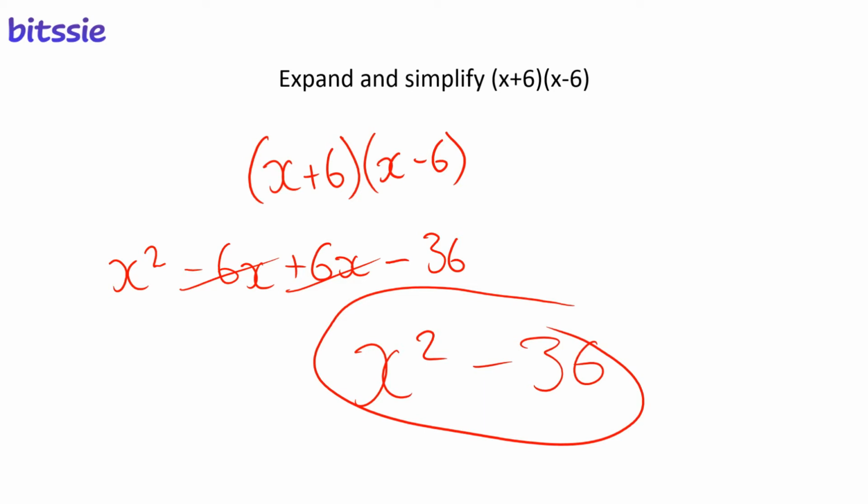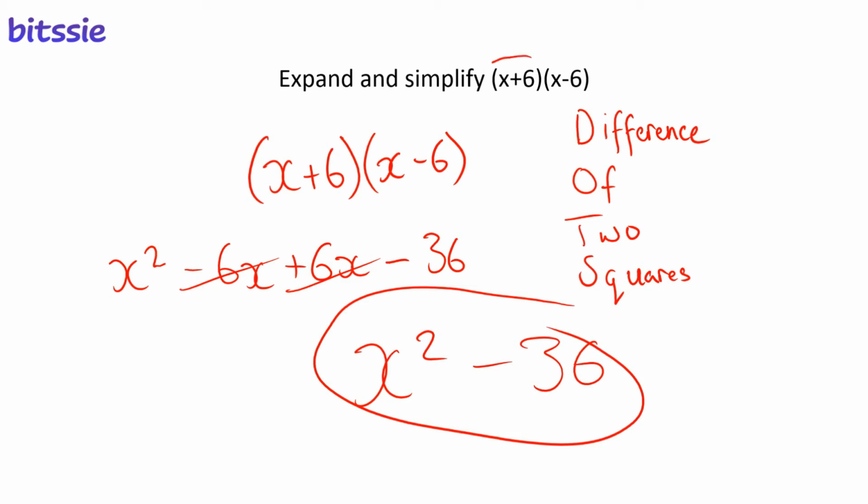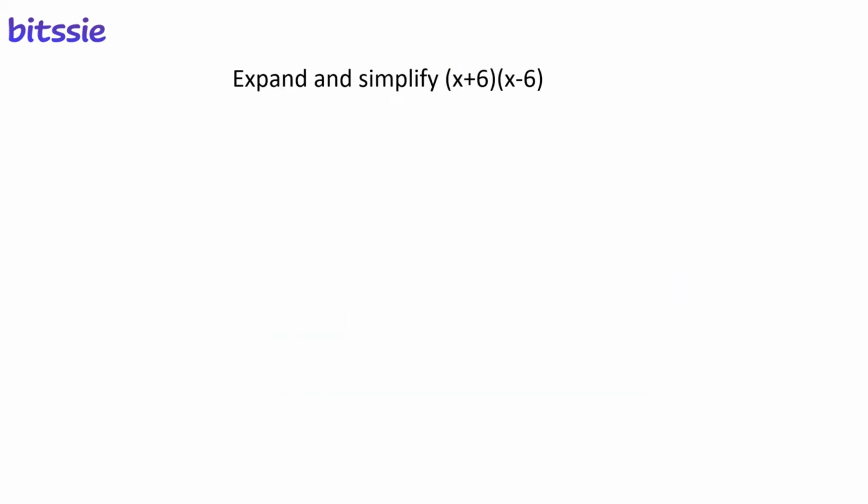This is something called difference of two squares, and it can often come in more complicated formats than this. The next question is also a difference of two squares.